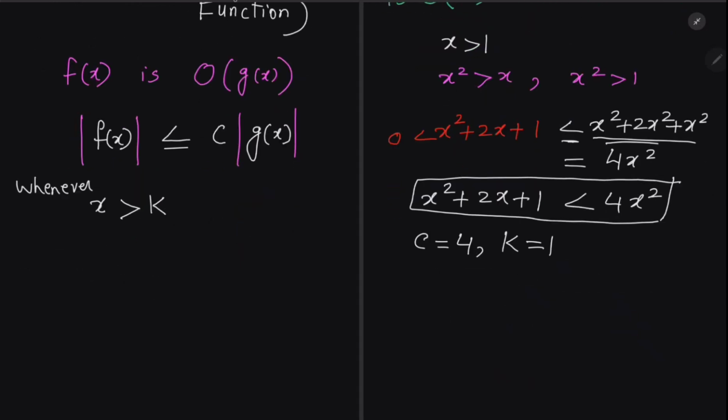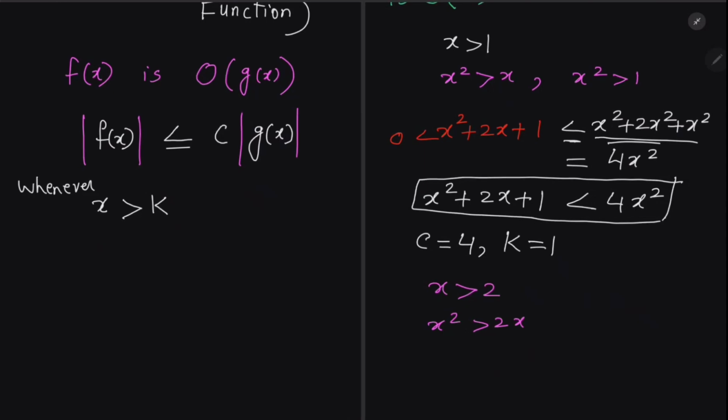You may also try x greater than 2, and you get the same answer. If x is greater than 2, multiplying both sides by x, you get x square greater than 2x.